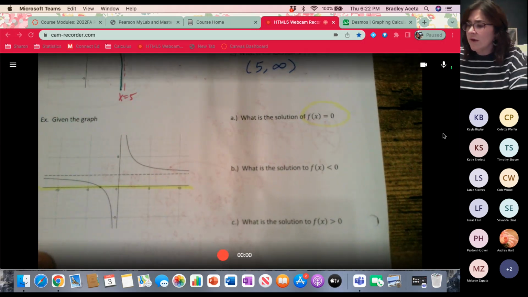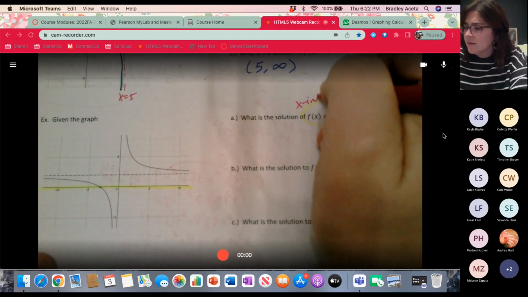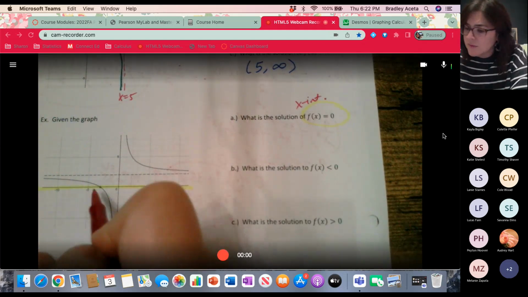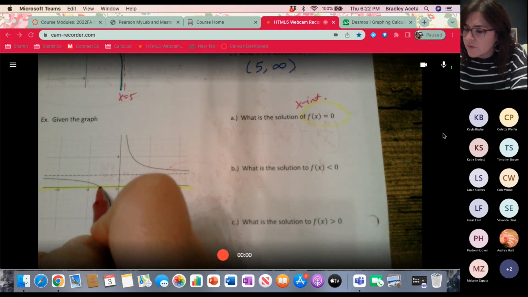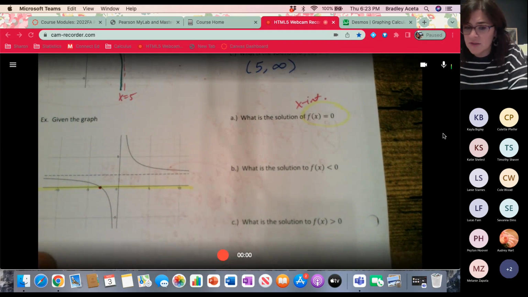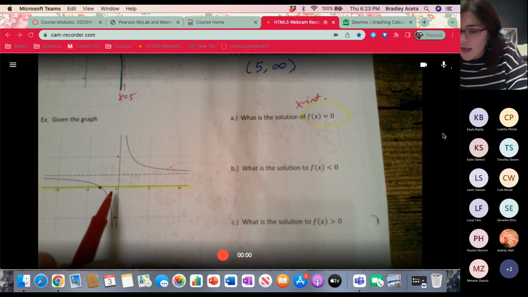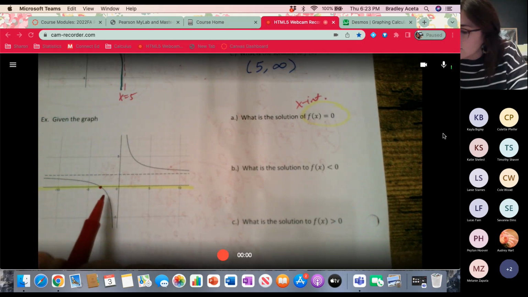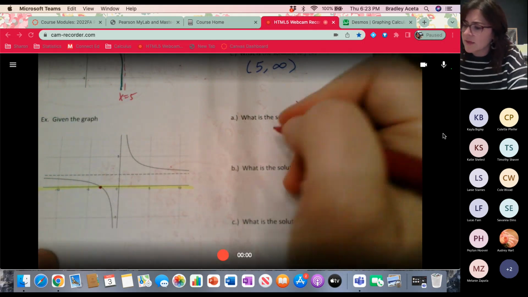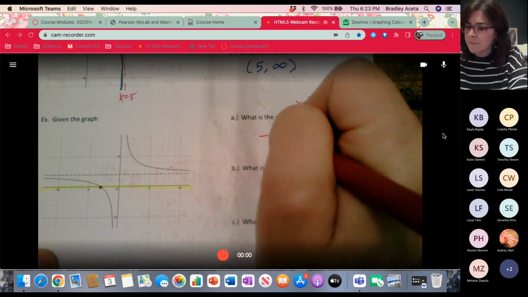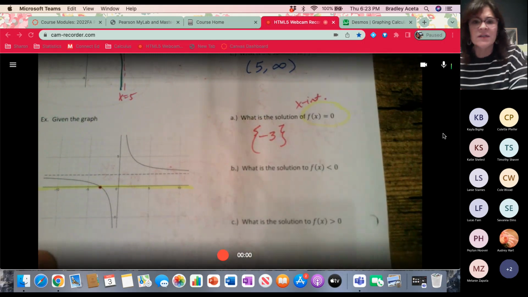So again, where is the x-intercept happening in this picture? Well, I kind of made it a little dark for you, but it's right there. That's where it intersects the x-axis. And that is at, I think it's -3. Yes, -4, -3. So -3 is where it's intercepting the x-axis.